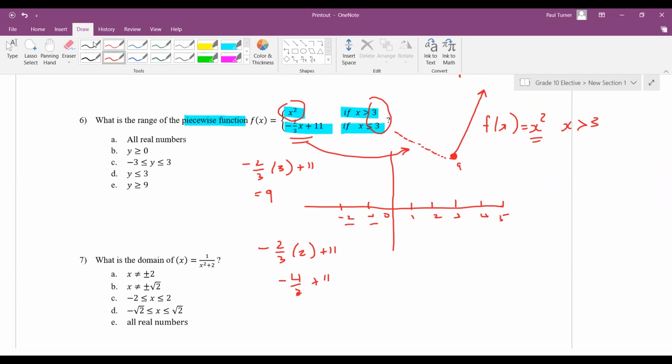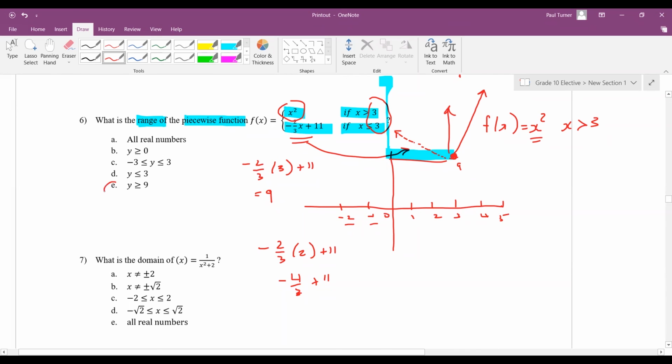So we'll stop now because the time's running out. The range, what is the range? Your graph is up here, going up. So your graph is going up in both directions. This is your quadratic, your parabola, and this is a straight line. But it's going this way. So your range is going to be from 9 up here.